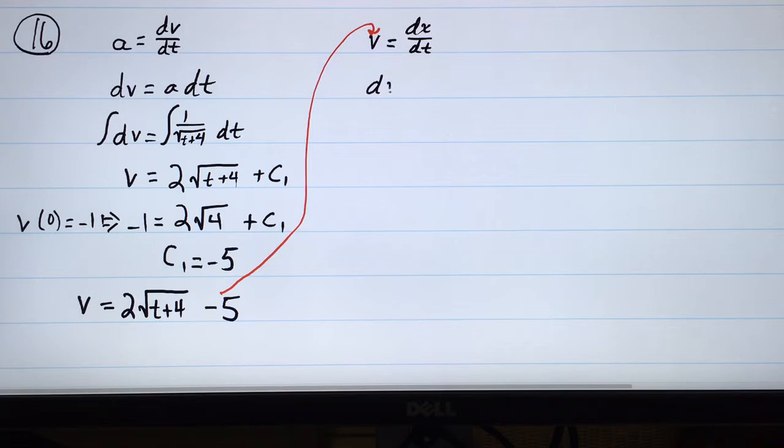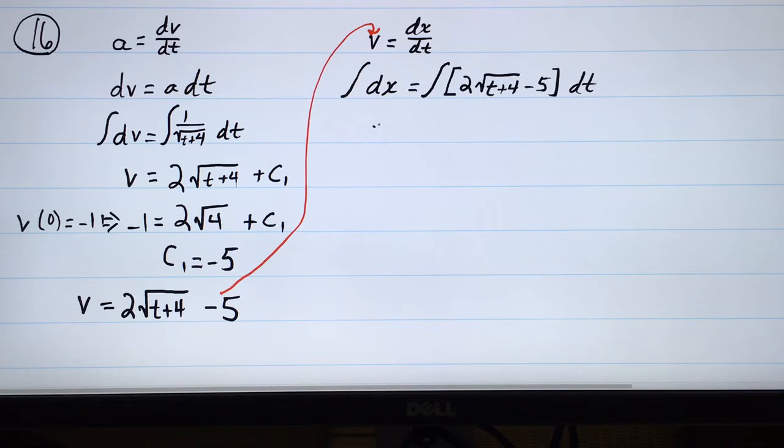And if we go ahead and separate the differentials, the dx is equal to, again, the quantity of 2 times the square root of t plus 4 minus 5 dt, and integrating over both sides.